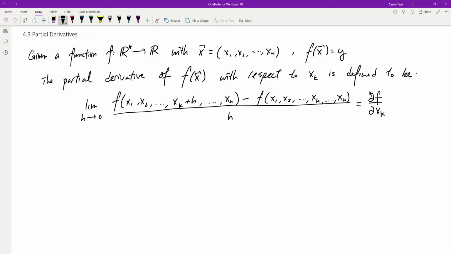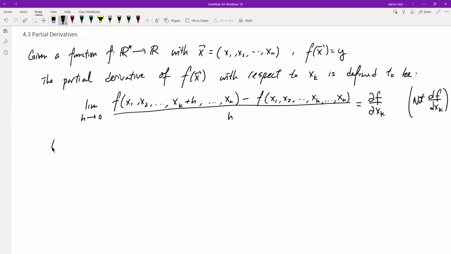Whenever I use this scripted d, that implies a partial derivative, so don't confuse it with the regular d. That's how we indicate a partial derivative, by using the scripted d.